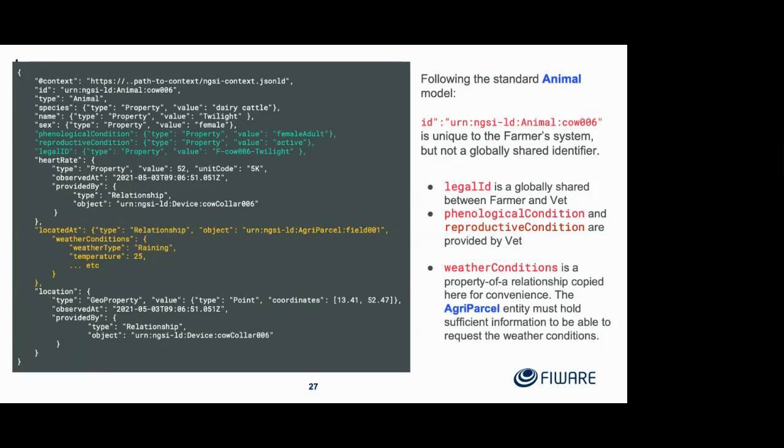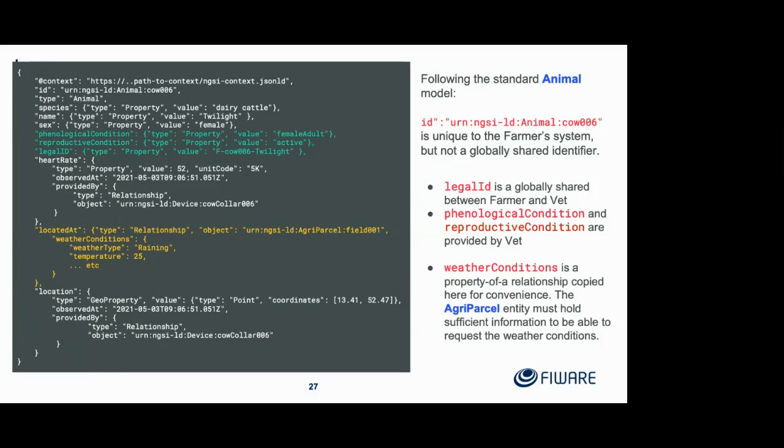I would buy it off a third-party provider. They would obviously give me regular updates as to the condition of my animals. So I need to have a globally shared ID for the system to work.